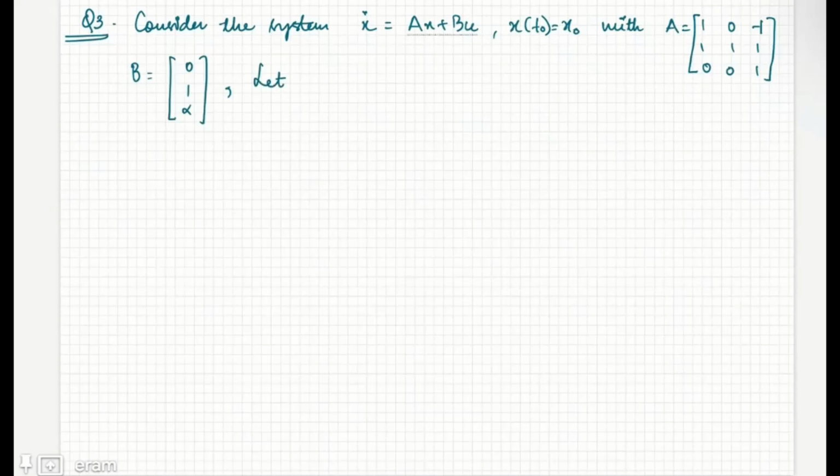So we have these A and B matrices given, and we are interested in designing a controller u of the form Kx.